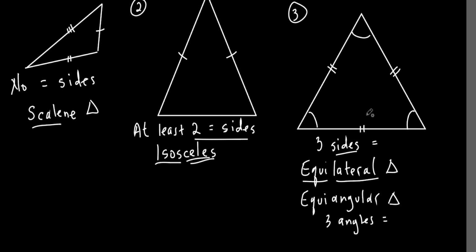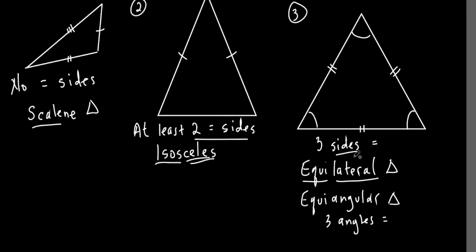You hear me on that? So if all three sides are equal to each other, that automatically means all three angles are going to be equal to each other. We'll talk more about that as we go a little bit further. But that's just something kind of interesting to know about this. All right, so if it's equilateral, that means what? It's equiangular. Everybody got it?